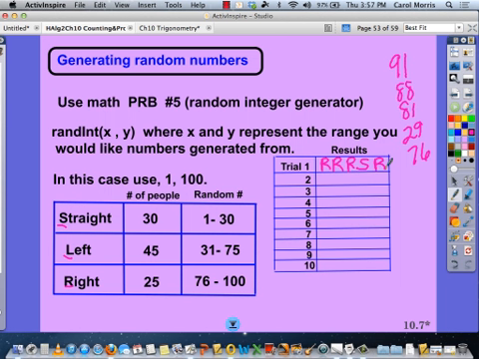I will then have to do that again. Don't just hit enter repeating numbers because they're just going to keep going. You need to go back to math, probability, choice 5, 1, 100, close the parenthesis, and again 5 of them. Right? My second combination was 59, 84, that's a 9, 16, 43, and 19.